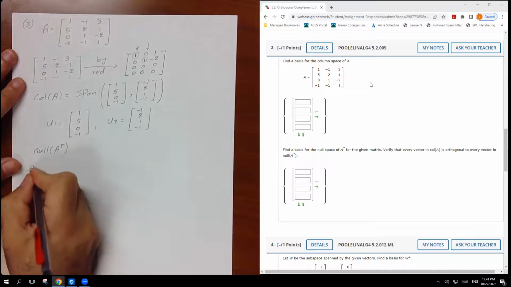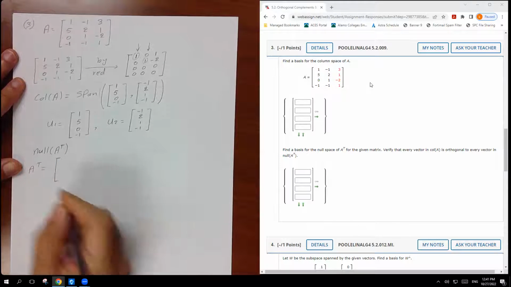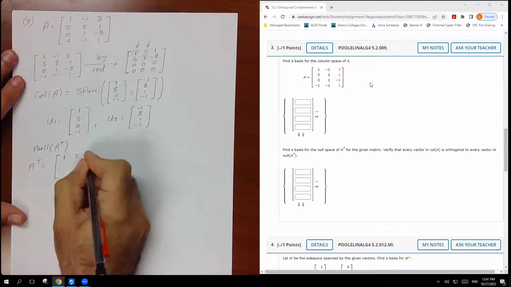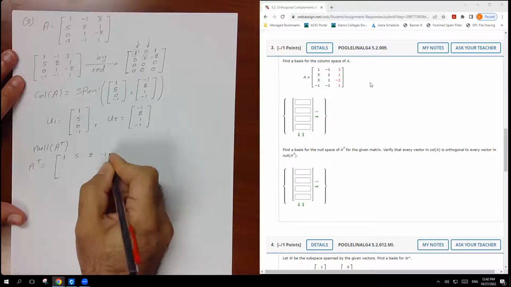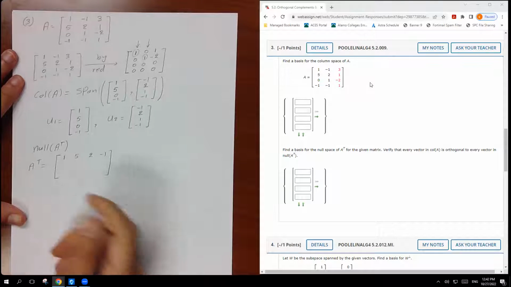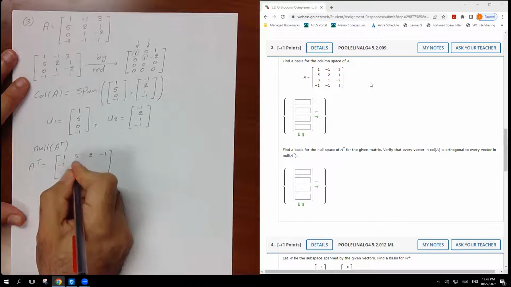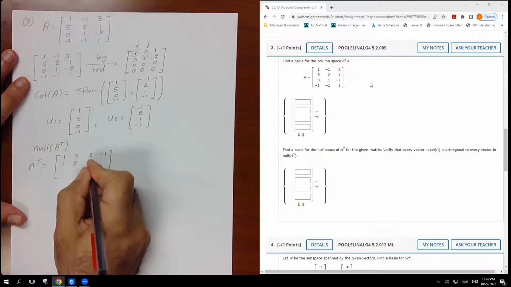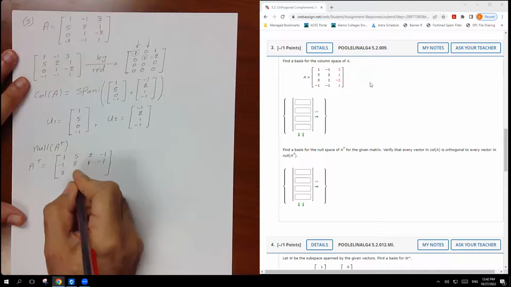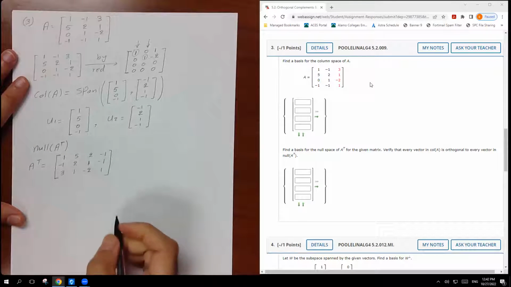So A transpose is going to be equal to 1, 5, 2, -1, and -1, 2, 1, -1, and the third one is going to be 3, 1, -2, and 1. So this is the A transpose.